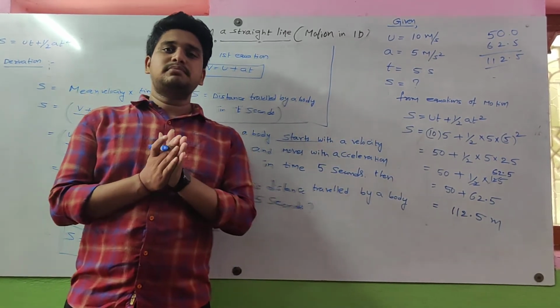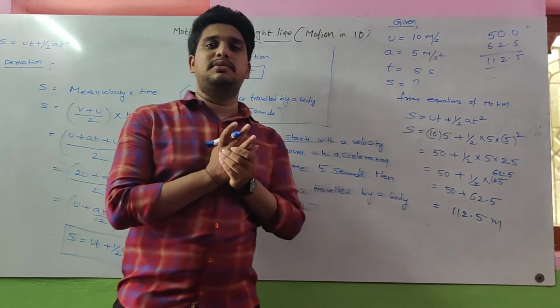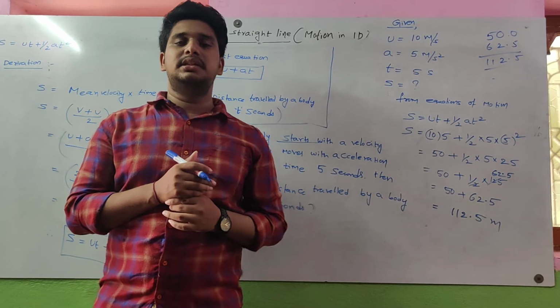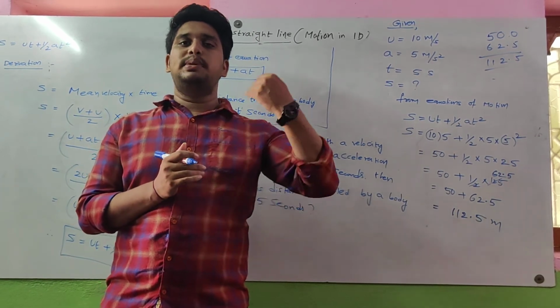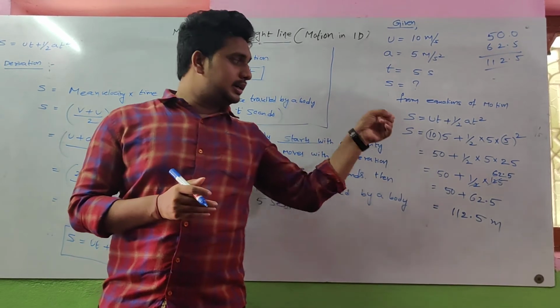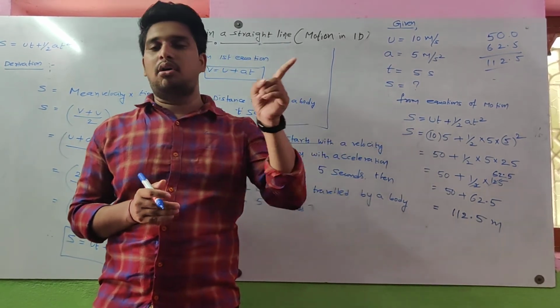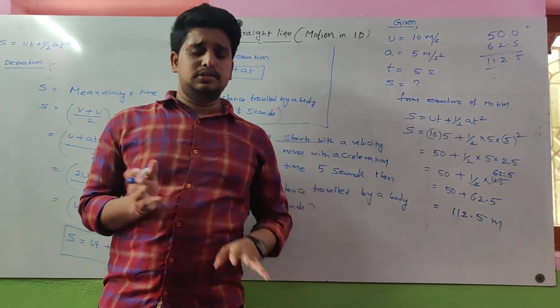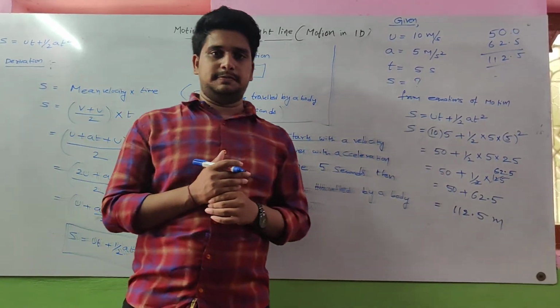In the previous lecture we discussed the derivation of v is equal to u plus at and a problem based upon it. In this lecture we discussed the derivation of distance s is equal to ut plus half at square and a problem based upon it. Observe these two problems.